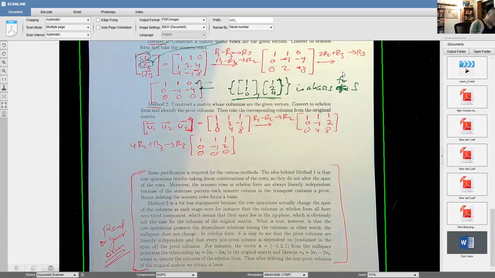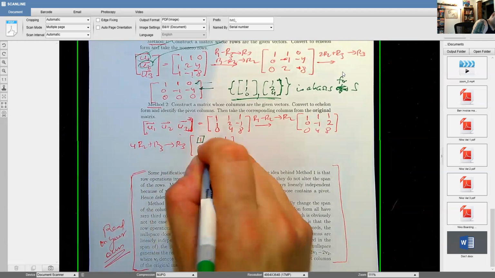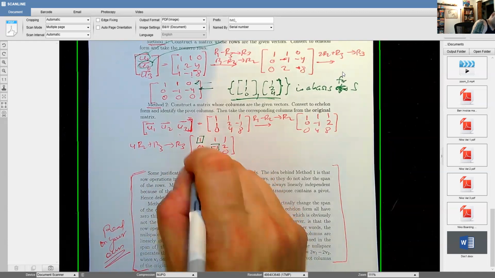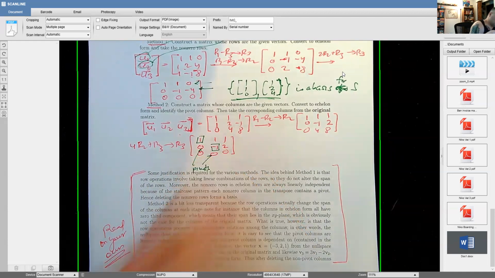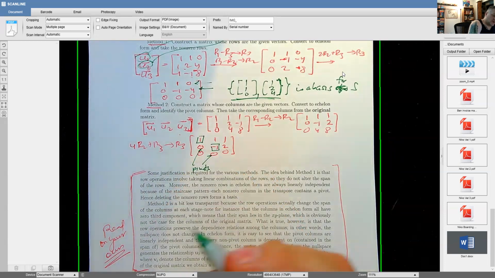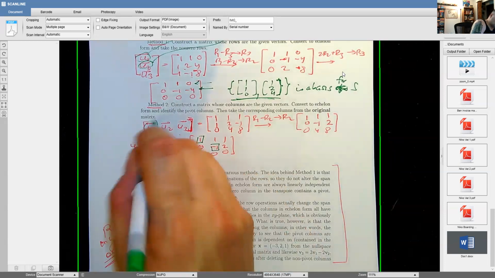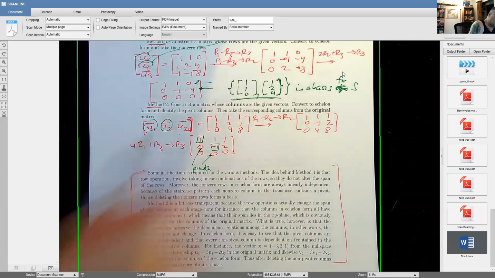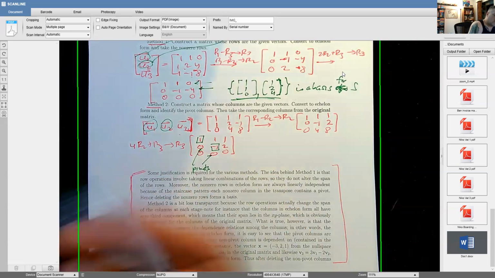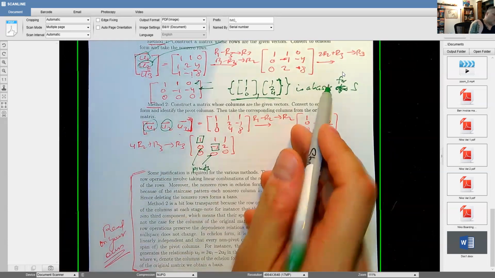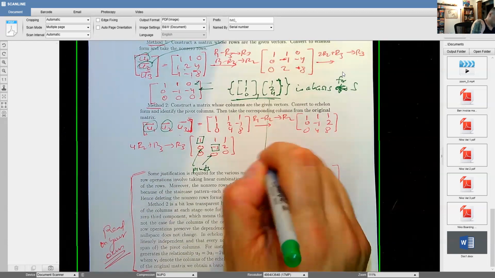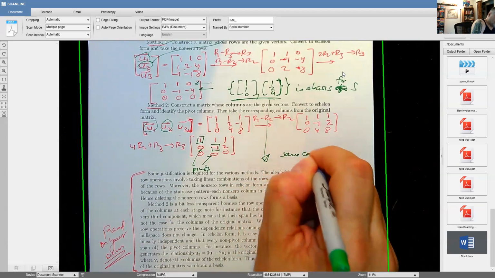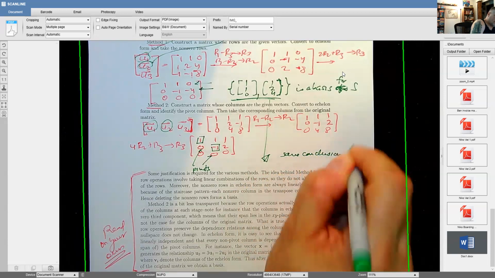Okay, and so what we want to do is identify the pivots, right? So these guys are the pivots. All right, and so what that tells you is I want to go back to these vectors here, and those two together, just like before, they form a basis for S. So you have the same conclusion as before.